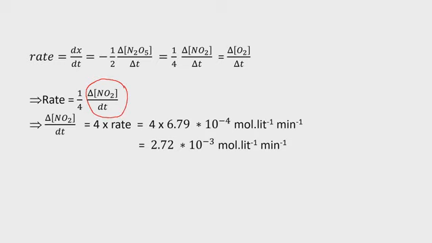So delta NO2 by, this is delta, this one is also not the delta. So delta NO2 by delta T equal to 4 into rate.